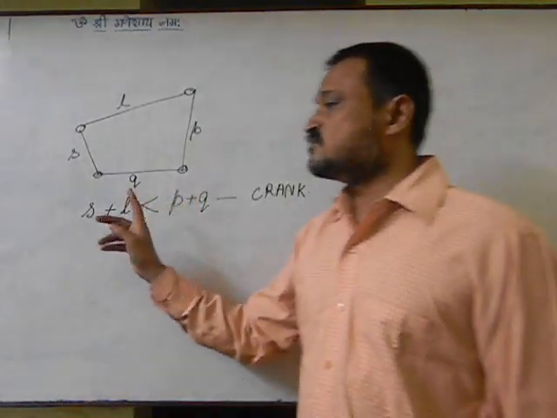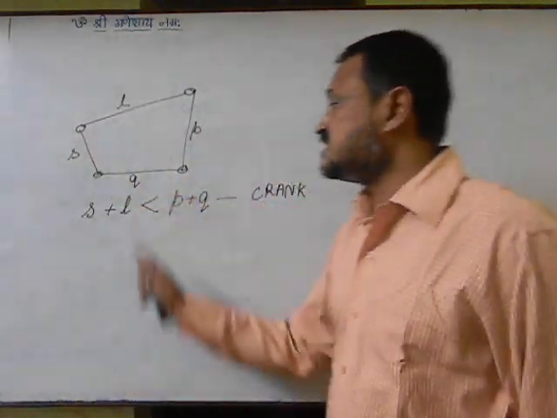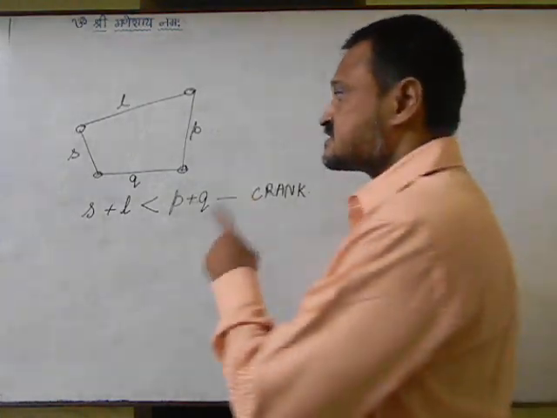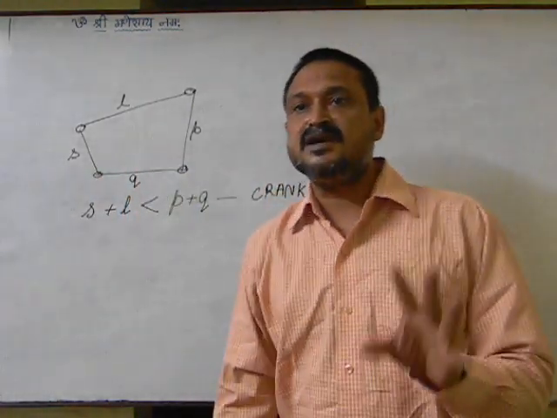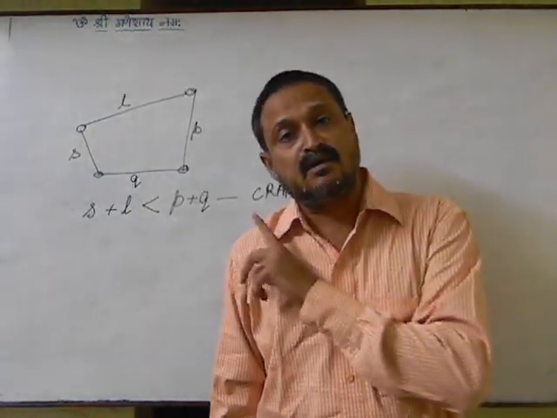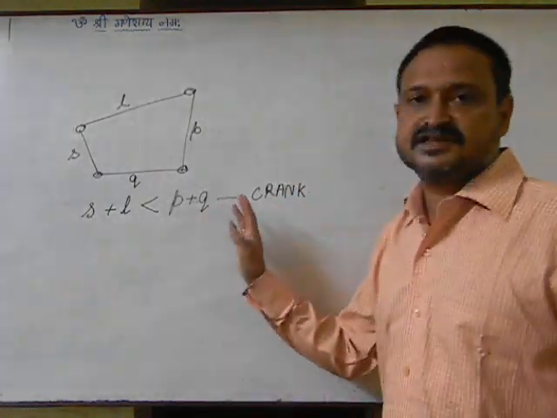So what it is suggesting is, if in the given kinematic chain this is satisfied, then certainly one link will be a crank. That existence can be in all of its inversions or any of its inversions, right?